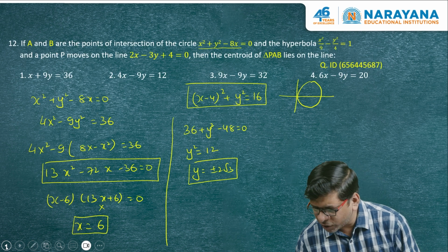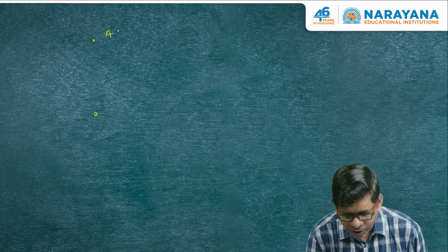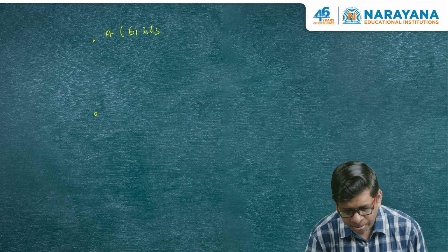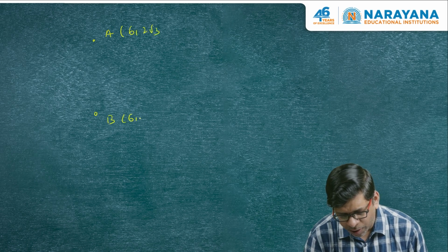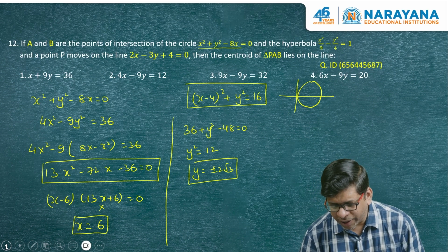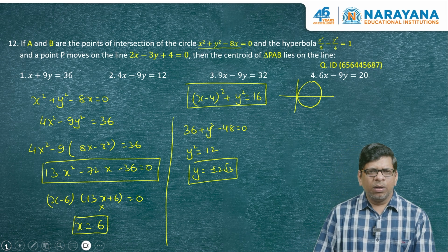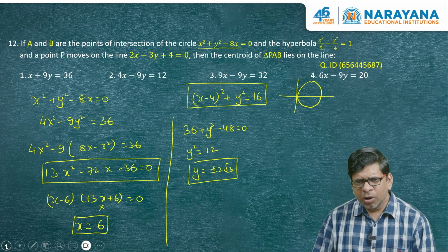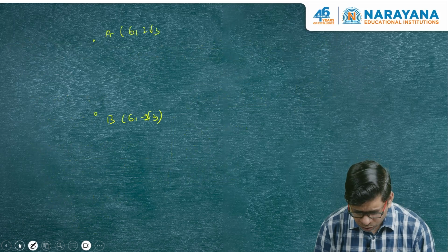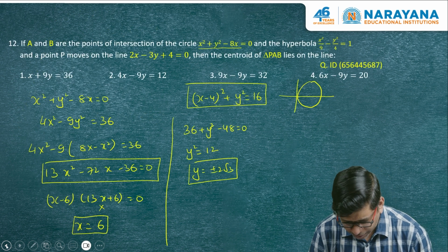Did they mention any name for these points? Points A and B. So let us say one point A is (6, 2 root 3) and the second point B is (6, minus 2 root 3). Then what they said: P moves on the line 2x minus 3y plus 4 equal to 0. Any point on the line we can take with the help of a parameter.